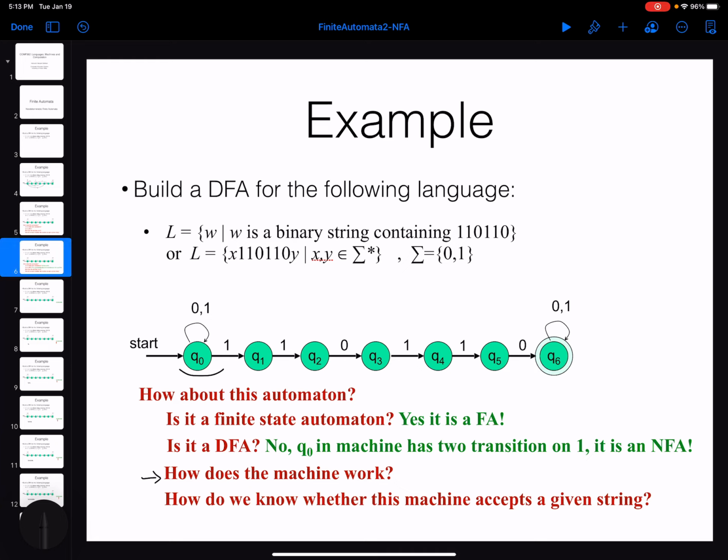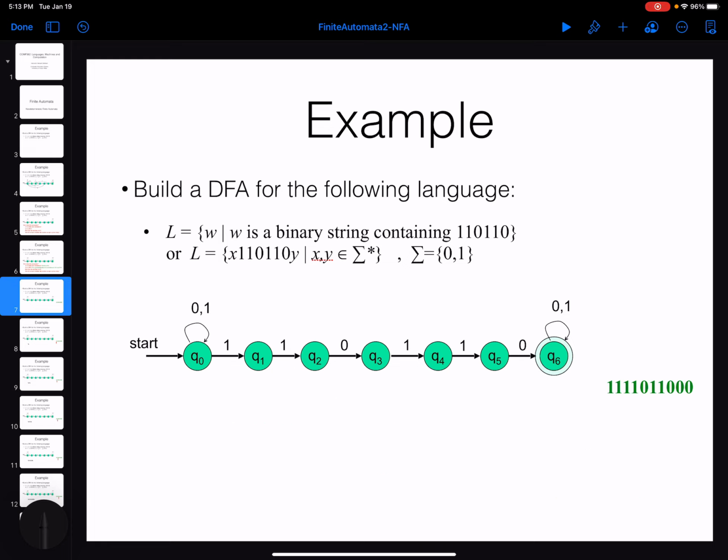If we pass a string to this machine, how does the machine check if the string is going to be accepted or rejected? Look at this example here. Let's just try this example on this machine and see what we get. For the first symbol, which is 1, we start from the first state, Q0, which is marked as the starting state.